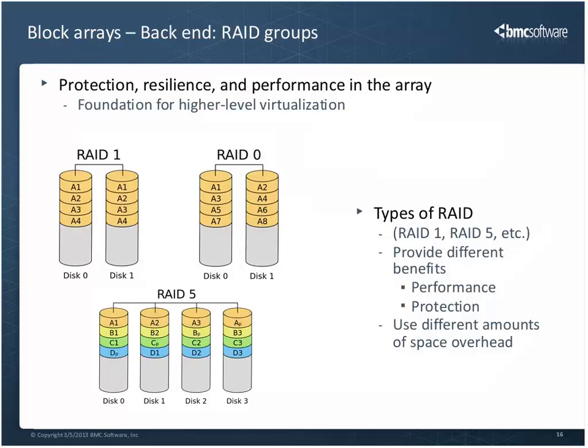And RAID 5 is another method of RAID that combines striping with checksums on a different disk, so that if one disk fails, you have the resilience that the overall data is not lost, and you can recreate the data, called rebuilding, so that you can get back to the highly available data state.